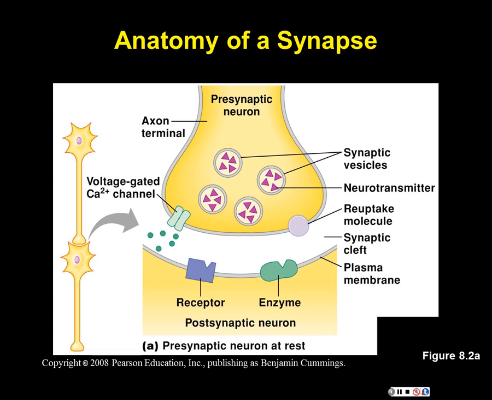Does anybody know? It actually floods in. It doesn't go out, it goes into this cell. Okay, we haven't addressed its gradient yet, so good guess. When the voltage-gated calcium channel is open, calcium floods into the cell. And what happens is it's going to trigger a series of reactions, which eventually is going to cause the vesicles to be mobilized.